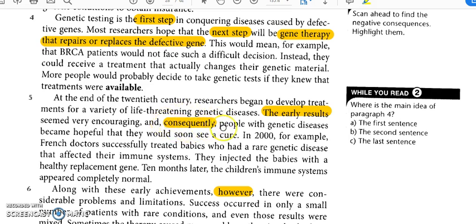As a result, people with genetic diseases became hopeful they would soon see a cure. So in other words, we have all of this. People with genetic diseases became hopeful that they'd see a cure.